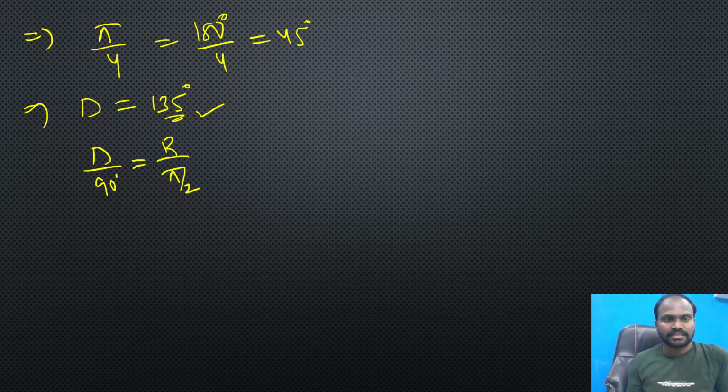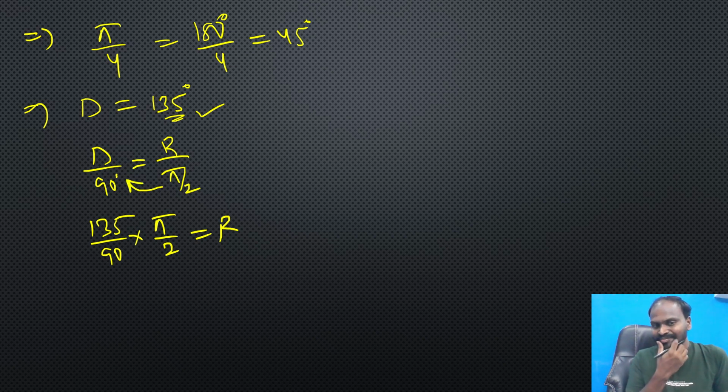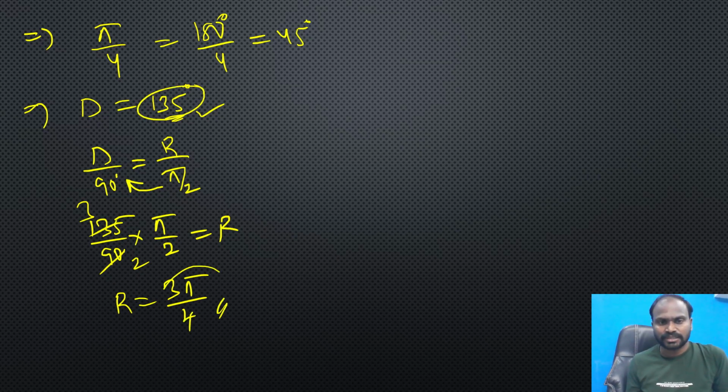In D's place you substitute 135, so 135 by 90 into pi by 2 is equal to R. Now we can cancel 45 on both sides: 45 twos are 90 and 45 threes are 135, so radians is equal to 3 pi by 4. Like this we can convert degrees into radians and radians into degrees.